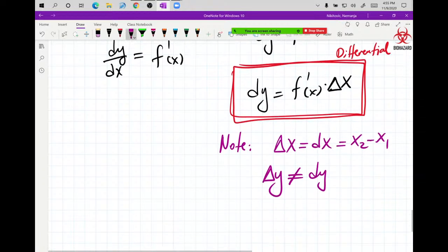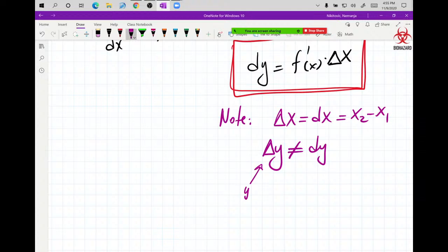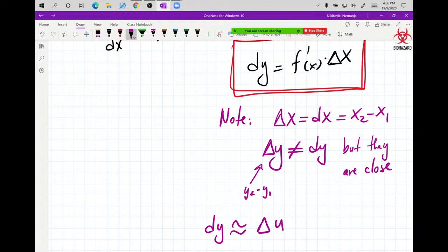But they're close, which is why we say that dy approximates the change in y.